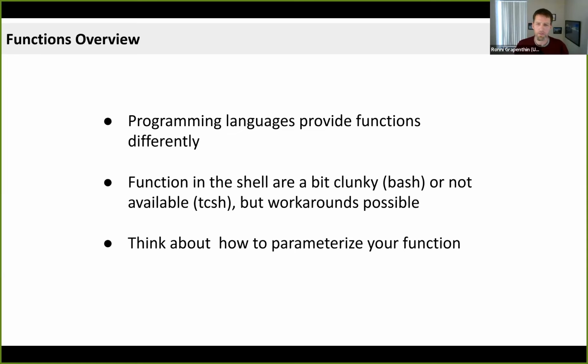You've seen that with the parameters that can be handed into functions. There's this weird $1, 2, 3, etc. syntax, but it's workable in Bash. There's no function at all in the TC shell.